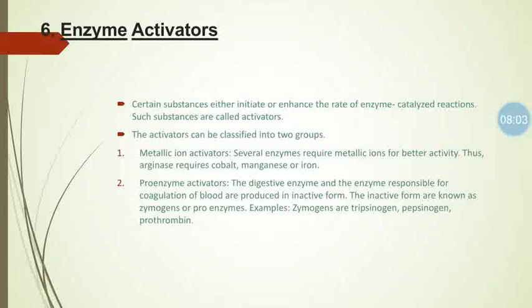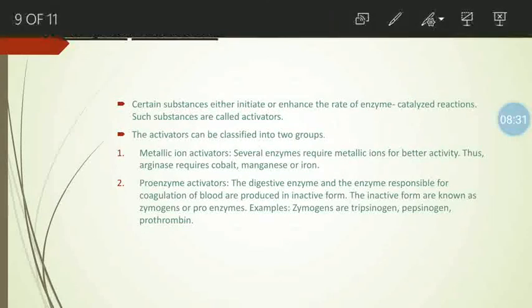The inactive forms are known as zymogens or proenzymes. For example, zymogens are trypsinogen, pepsinogen and prothrombin. This type of enzyme activation involves the breaking of some peptide bond, and the rearranged remaining molecule is the catalytically active enzyme.